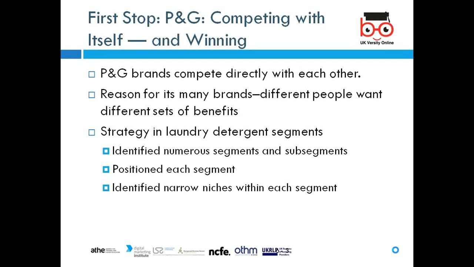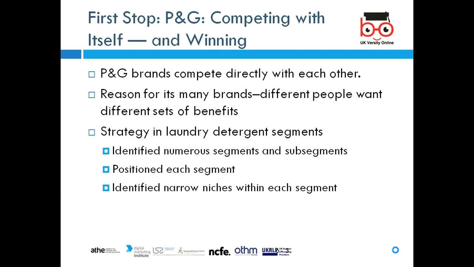Let's first start. Think about Procter and Gamble competing with itself and winning. Procter and Gamble brands compete directly with each other. Sometimes, when you're launching another brand and you already have an existing brand, you may be competing within your own brand, your product line, and your own product portfolio as well.